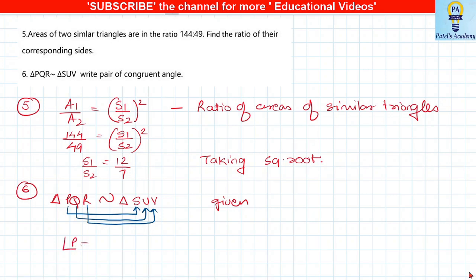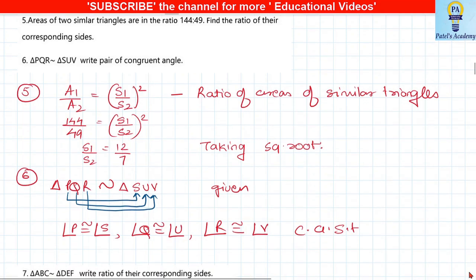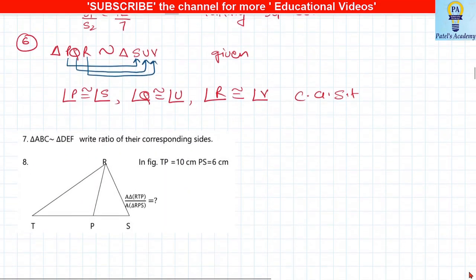So angle P is congruent to angle S, angle Q is congruent to angle U, and angle R is congruent to angle V, corresponding angles of similar triangles. Okay, fine. Now let's see the seventh one.